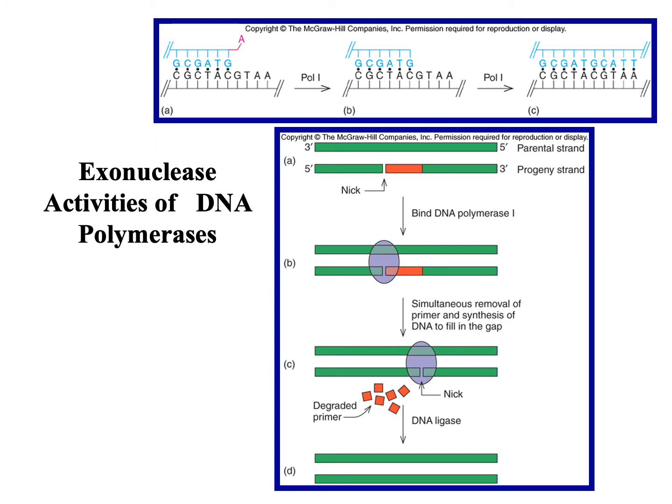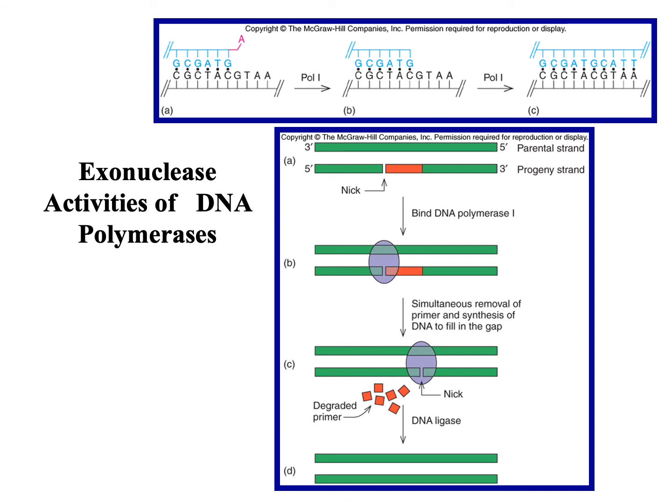Now, one of the things that I mentioned on one of the previous slides was that DNA synthesis always occurs in the 5' to 3' direction. That is, the 5' end of the incoming nucleotide attaches to the 3' end of the growing chain. So DNA synthesis, again, always occurs in the 5' to 3' direction.